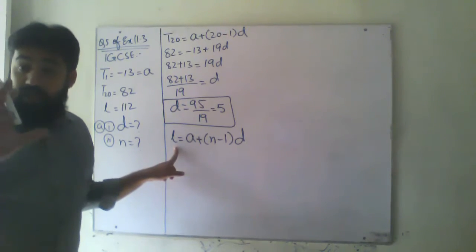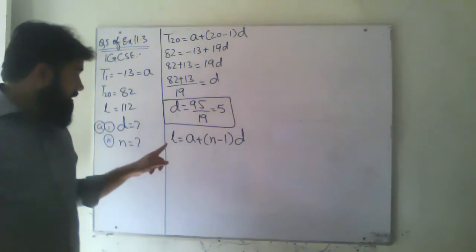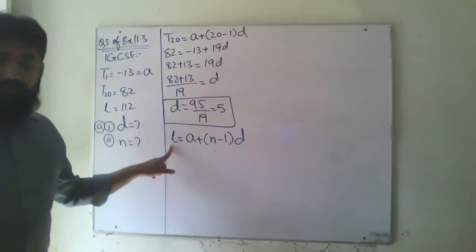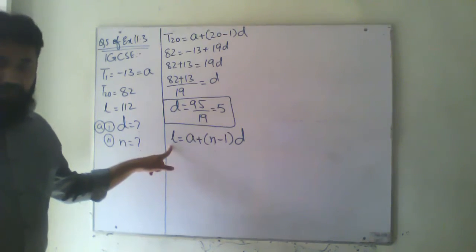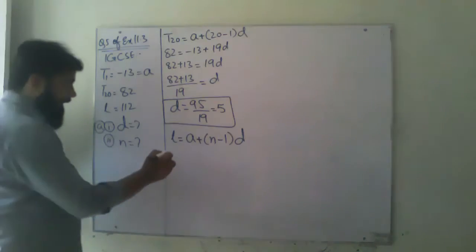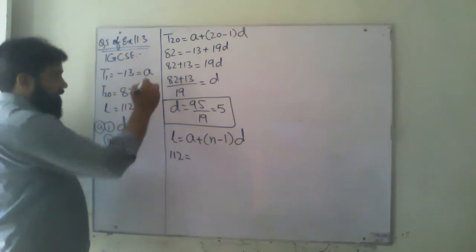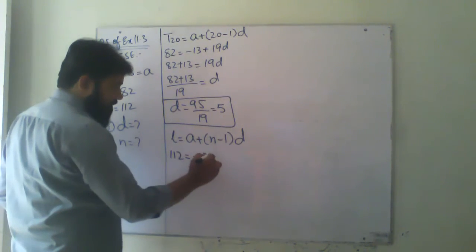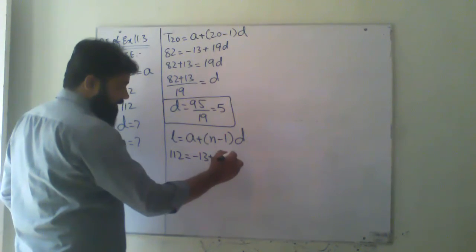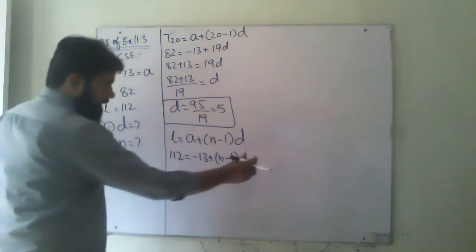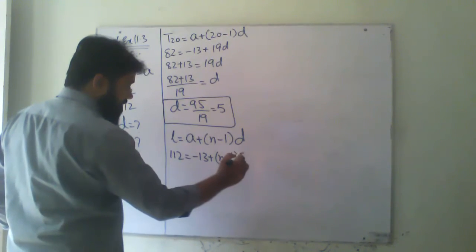You can write it for the last term only, nothing else. So what is L given to me? L is given to me as 112. A is given to me as minus 13. N I have to find, and D is given to me as 5.